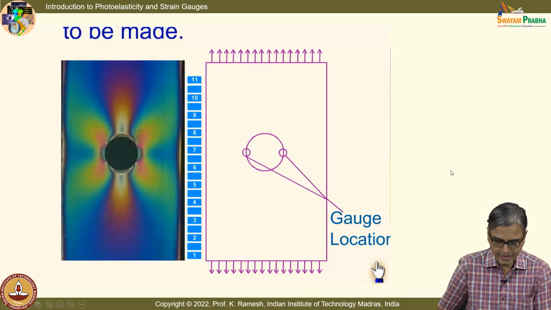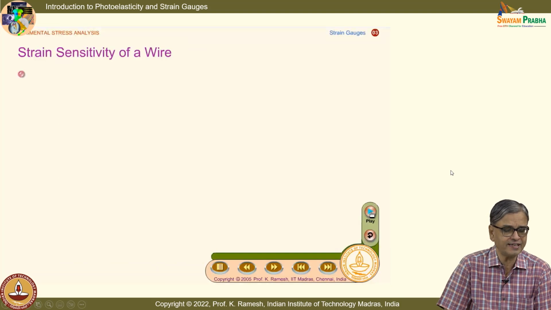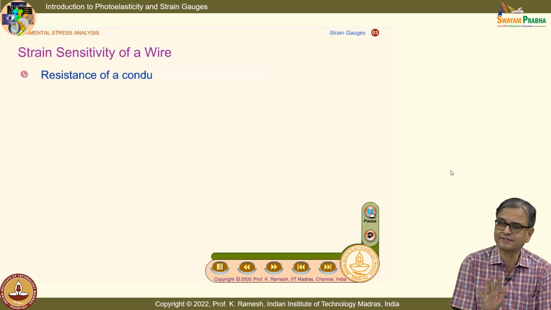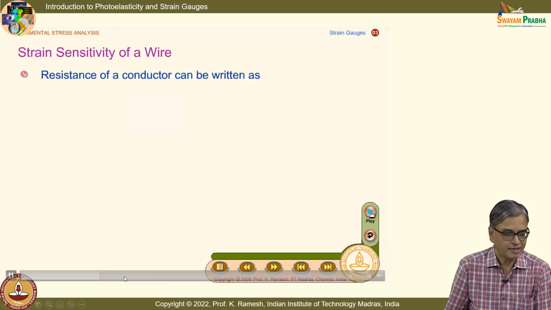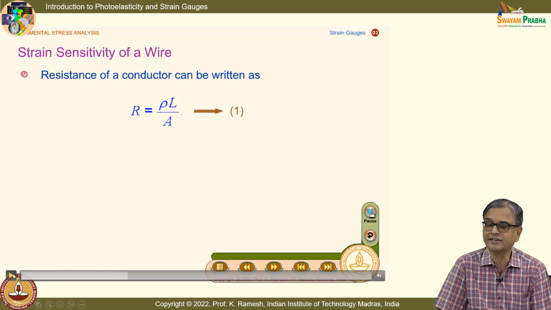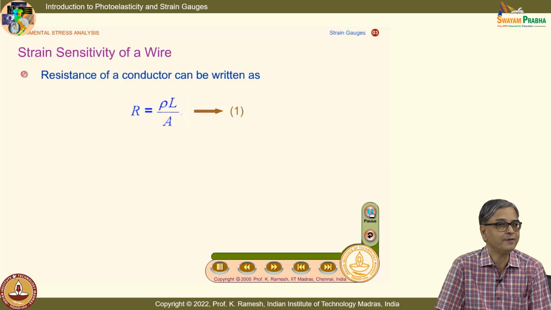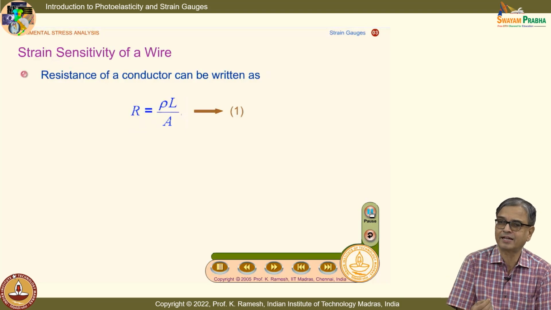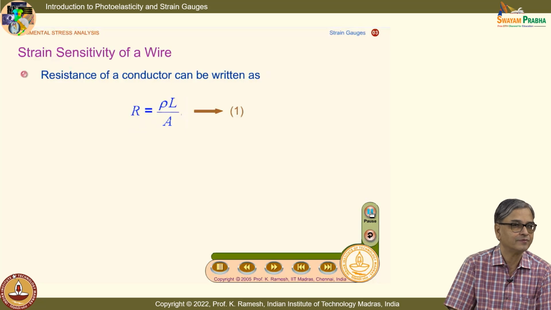And if you look at the physics, it's only high school physics. There is nothing great in this. And you all know the resistance of a conductor is R equal to rho L by A. Now I take a simple wire. I want to find out how it is sensitive to the strain. Fine.